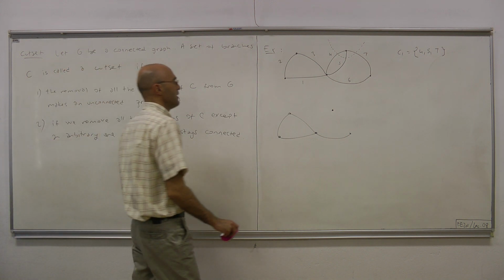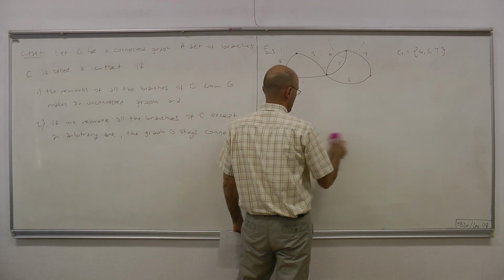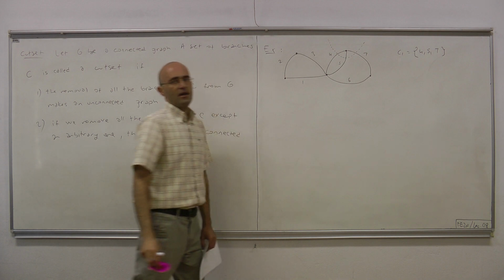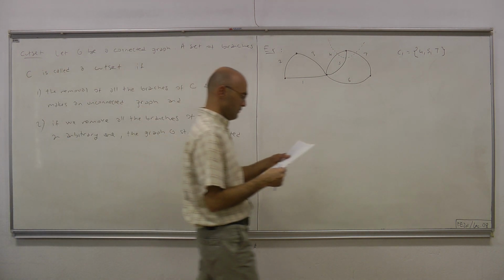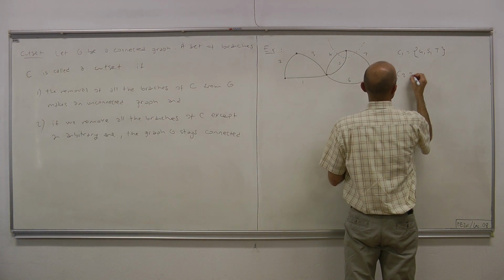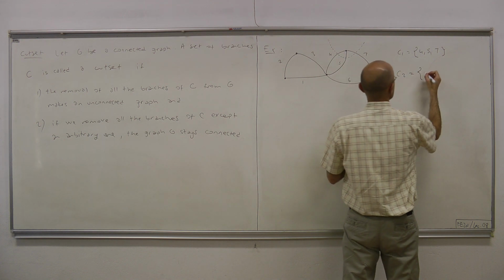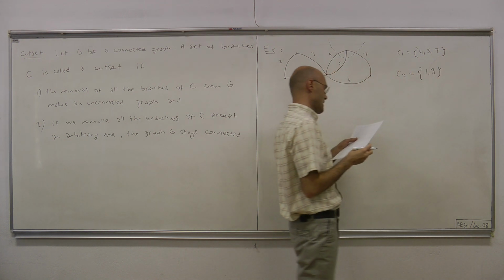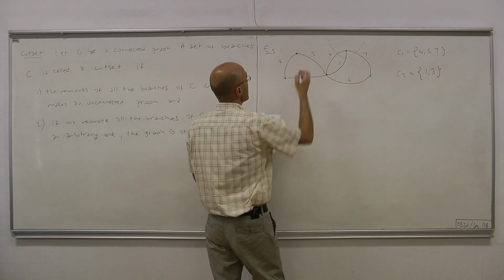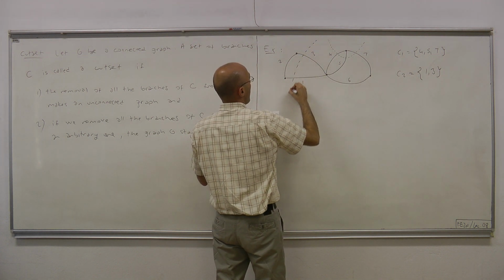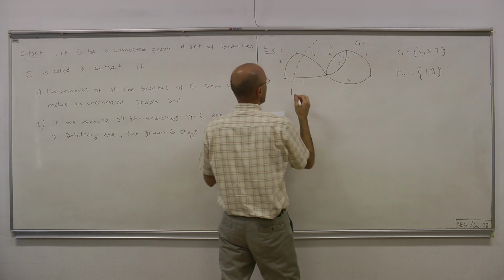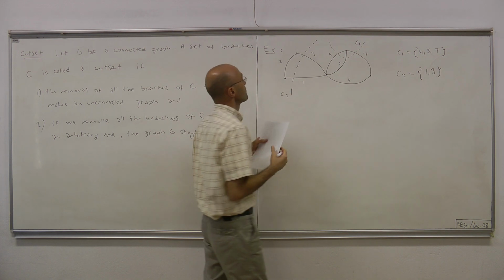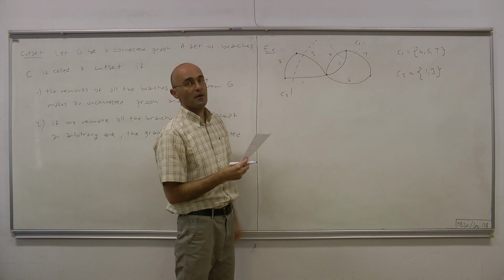Now, clearly, there are many cut sets for a given circuit. Let's write down a few more examples. Another cut set is 1 and 3. This is C1. This is C2. It crosses 3 and 1, so that's also a cut set.